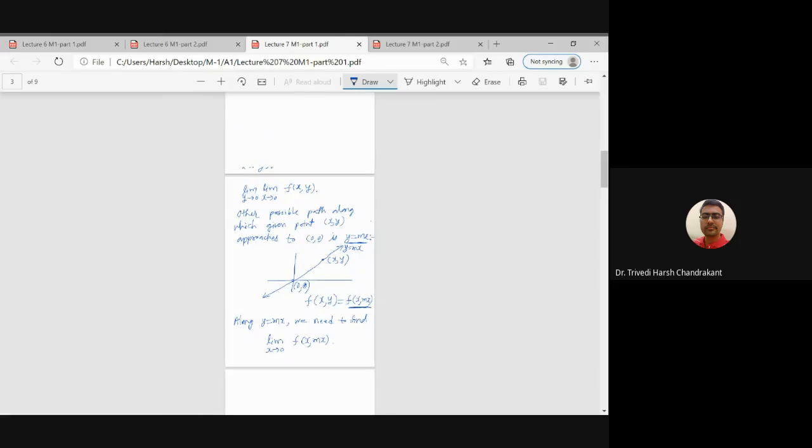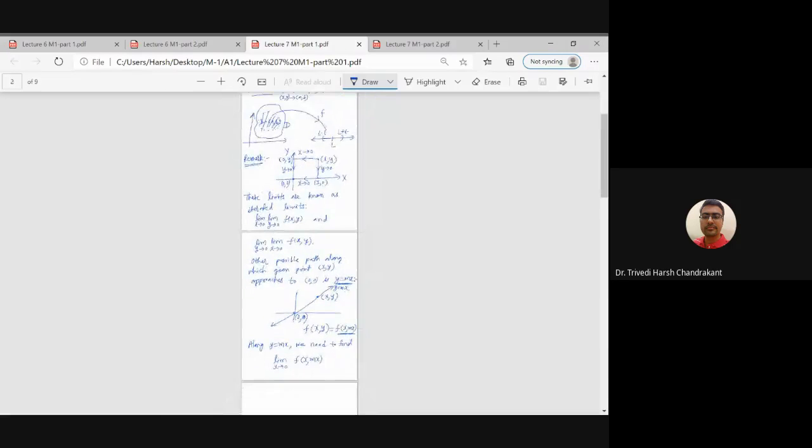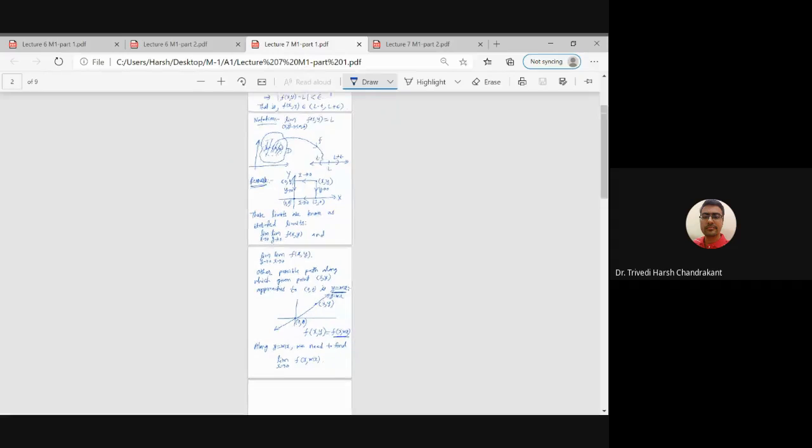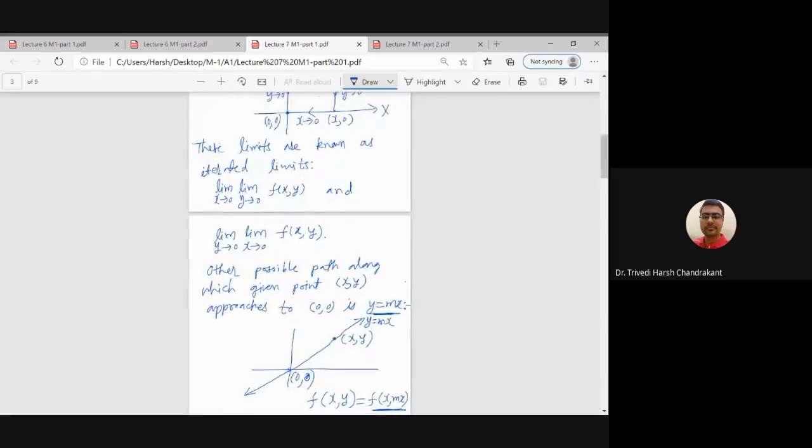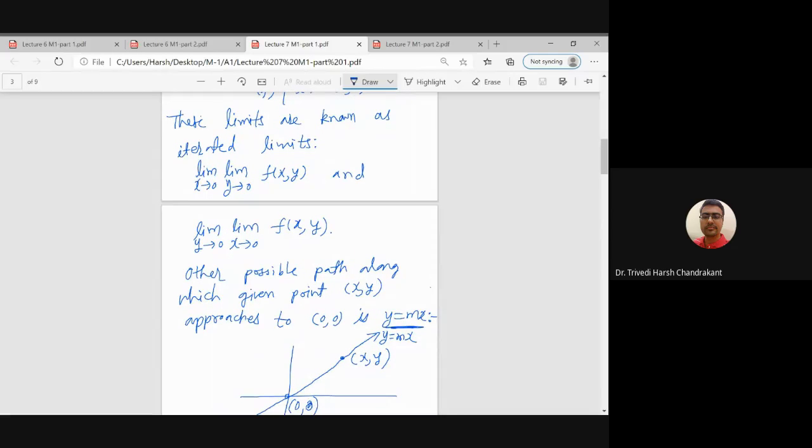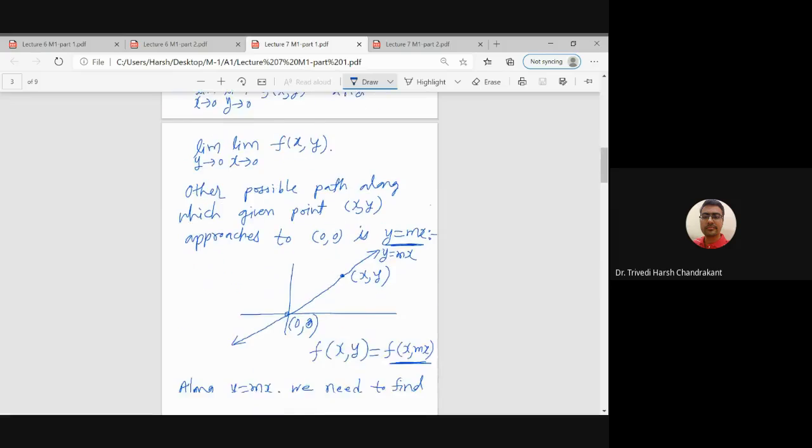So that is what we will essentially conclude by these paths. But we know that every time it does not hold in a one variable function, so sometimes the limit may exist, and whenever the limit exists, we apply the epsilon delta definition to prove the limit actually exists.